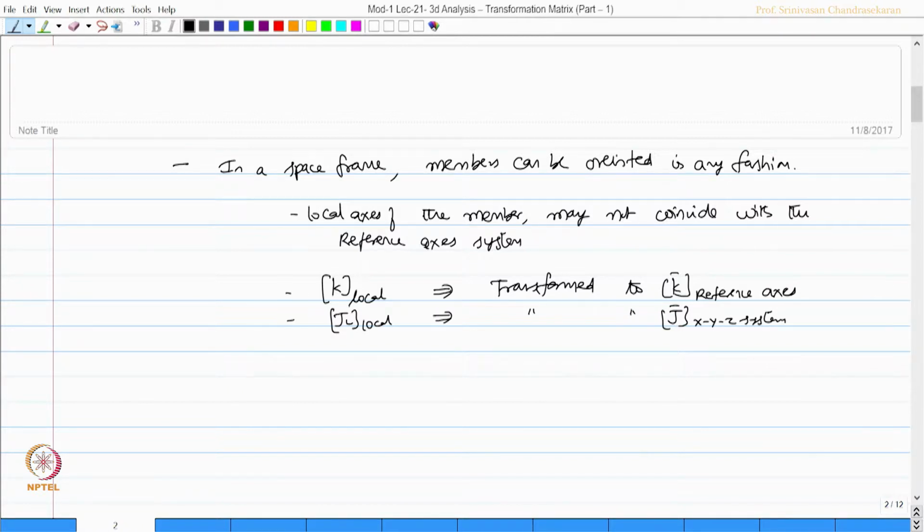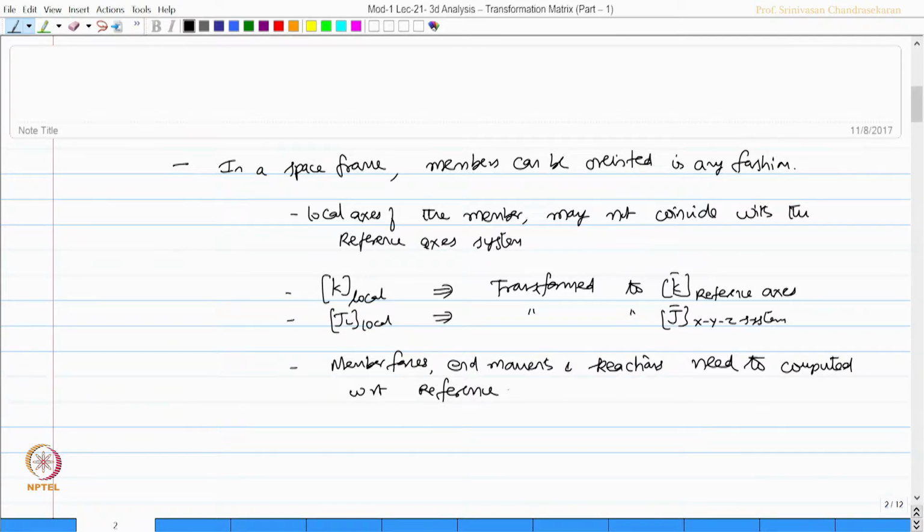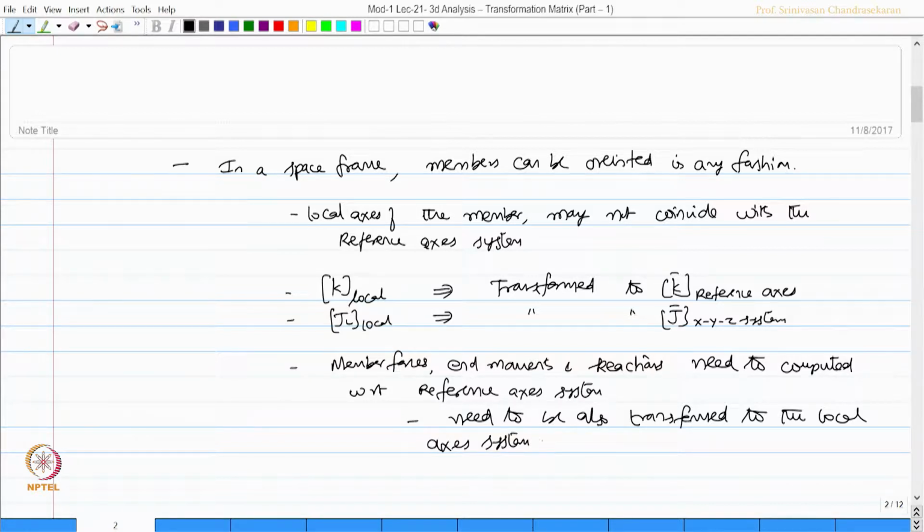Most importantly, the member forces, end moments and reactions need to be computed with respect to the reference axis system, but also need to be transformed to the local axis system of each member.